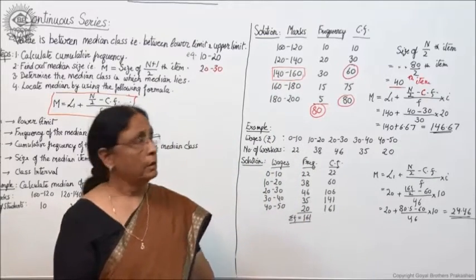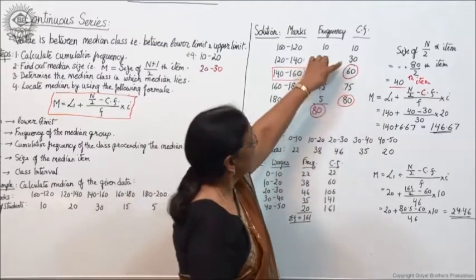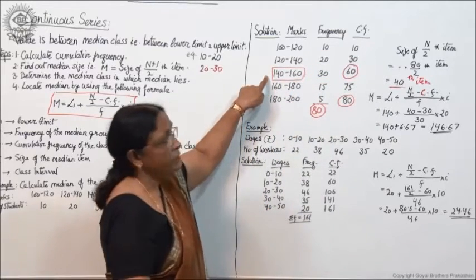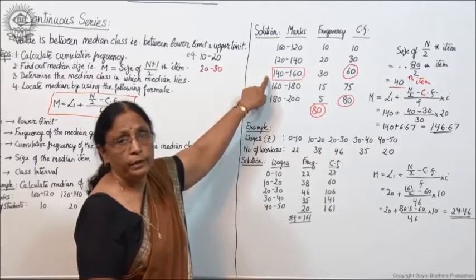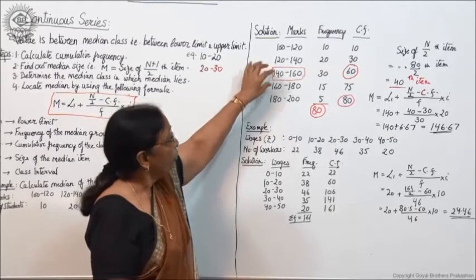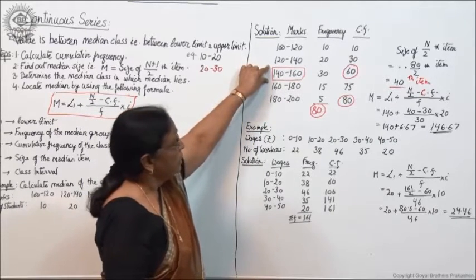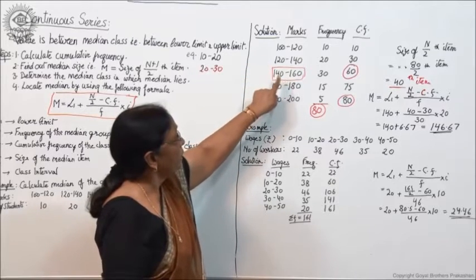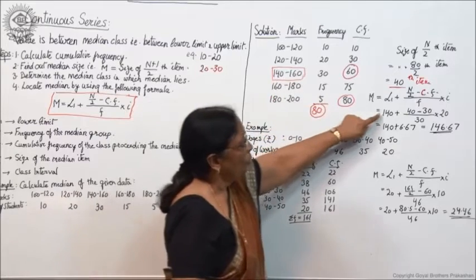Got it? So, 40 is more than 30, so it is here, and in front of this the class interval will be your median class. And when you take this as the median class, then L1 or lower limit of the median class is how much? 140.